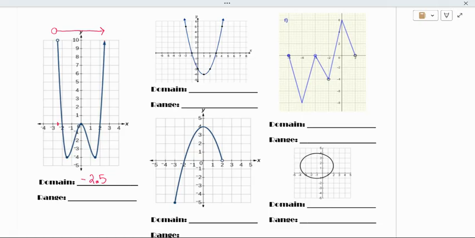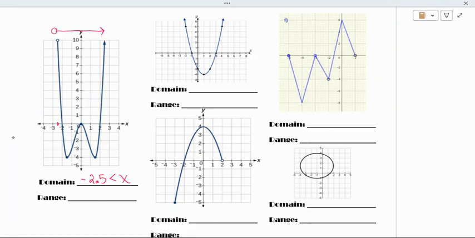It's an open circle, so less than. What's happening on the far right side? It goes on forever. So that says negative 2.5 is less than x.